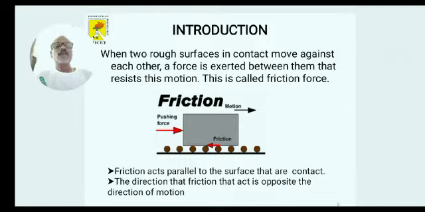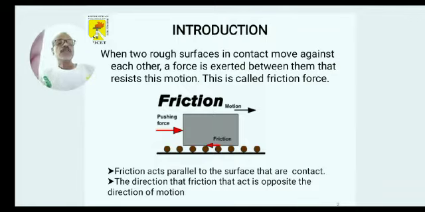One more, a block is provided in between the two rough surfaces. A pushing force is applied on the block. Now the block or object starts to move.